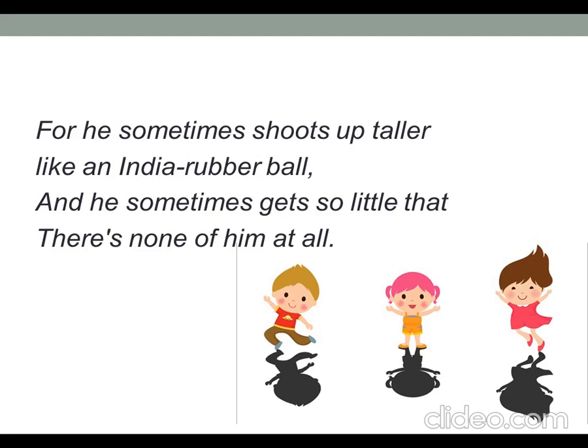India rubber ball is a rubber ball which bounces high. So sometimes, just like the ball bounces high, the shadow also shoots up tall. And sometimes he gets so little that there's none of him at all. The shadow is so small that you cannot see it, or you feel like there's no shadow at all.